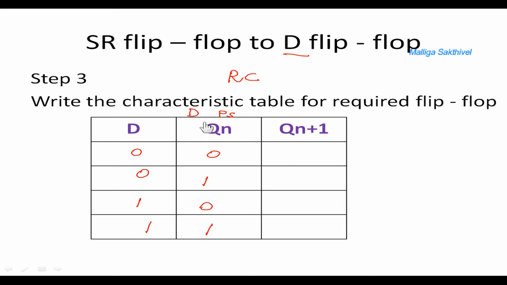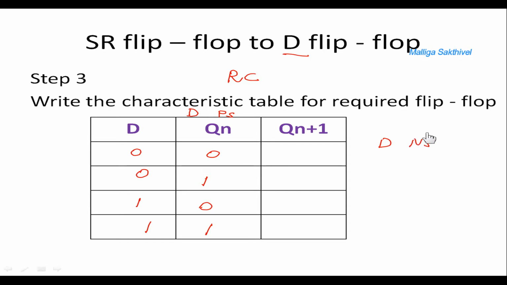For the D flip-flop, whatever the present state, the output will be whatever we give at the D terminal. So the next state will be whatever input we are giving at the D terminal: 0, 0, 1, 1.